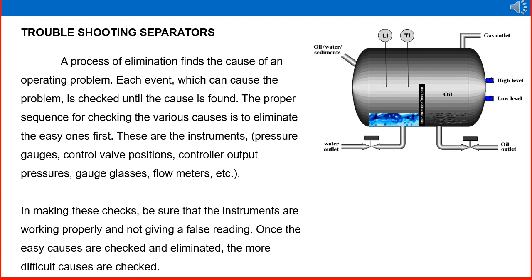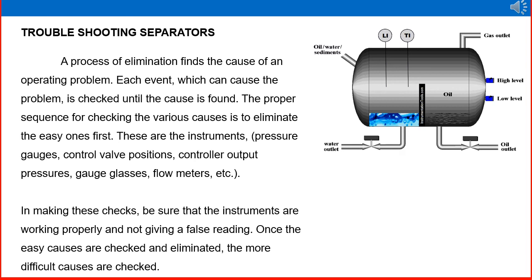Troubleshooting of separators. A process of elimination finds the cause of an operating problem. Each event which can cause the problem is checked until the cause is found. The proper sequence of checking the various causes is to eliminate the easy ones first.